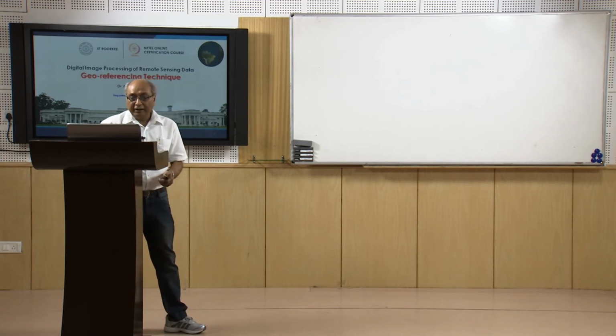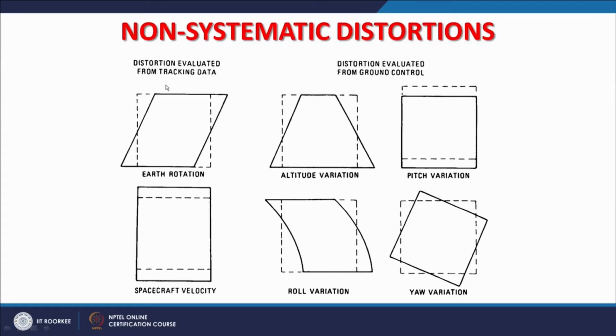There are some other errors which I have mentioned, like earth rotation error, which is skew, that is distortions coming from tracking data, that is, due to earth rotation at the time of data acquisition, especially in the case of polar orbiting satellites. Altitude variation: when suddenly there is a change in the altitude of the spacecraft, you may have a variation something like this. You may have a pitch variation, where it suddenly dips towards the direction in which it is going, or in the opposite direction.